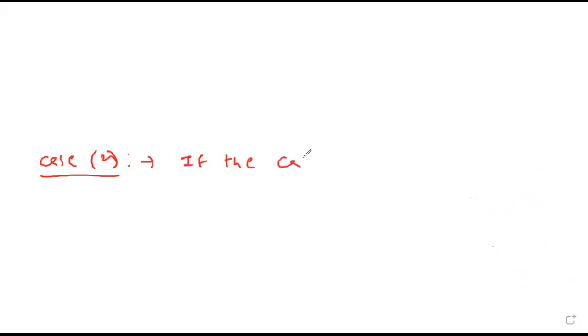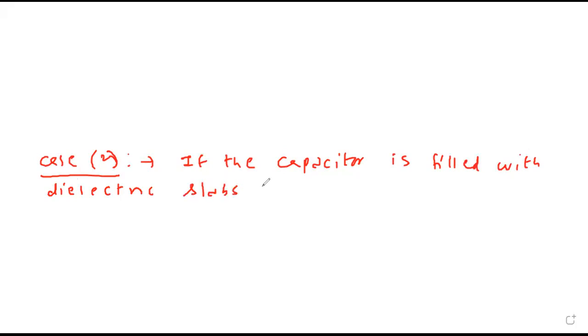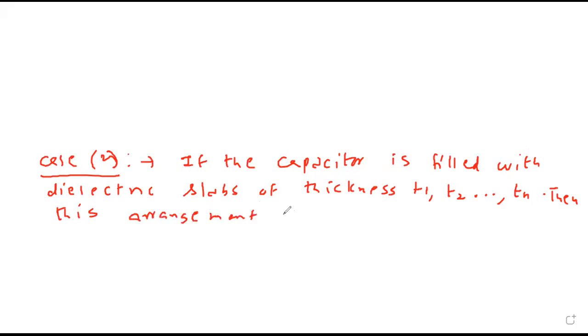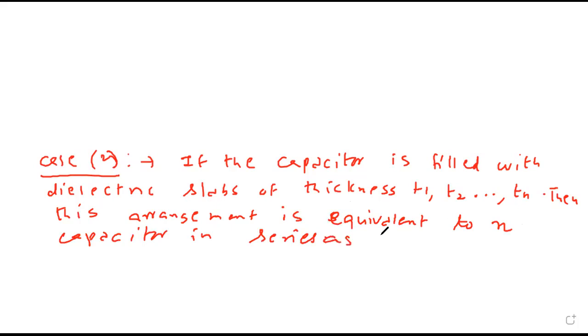If the capacitor is filled with dielectric slabs of thickness T1, T2, up to Tn, then this arrangement is equivalent to n capacitors in series as shown below.